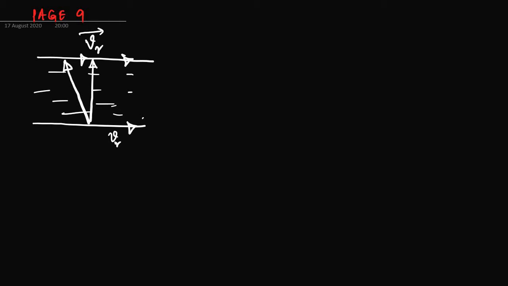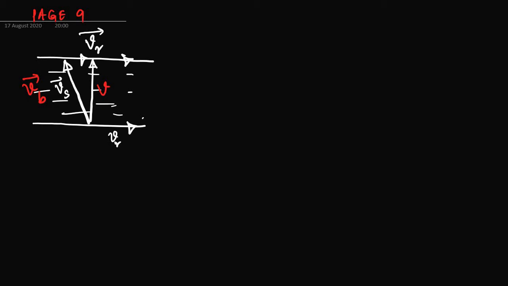Do not be confused by this. If this is the velocity of the swimmer or the boat I am referring to, Vs or Vb, where Vb stands for velocity of boat, then this will be the resultant.